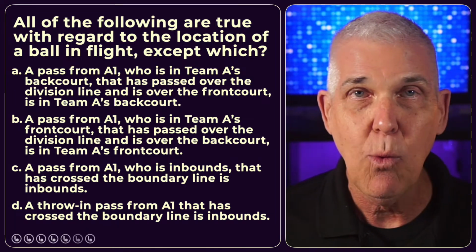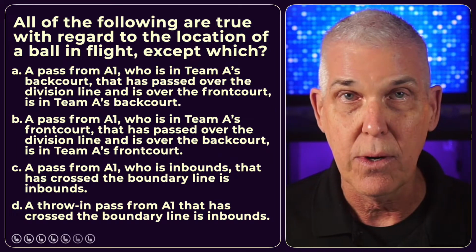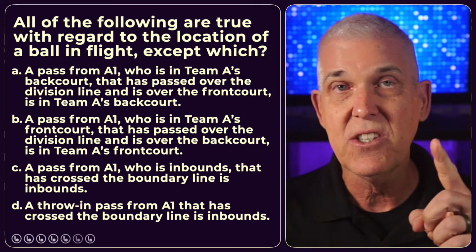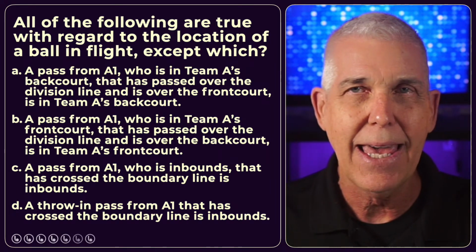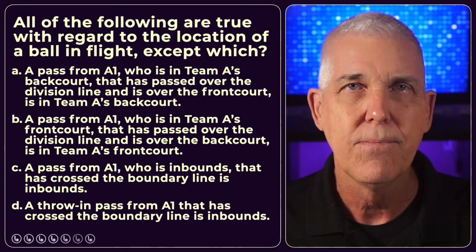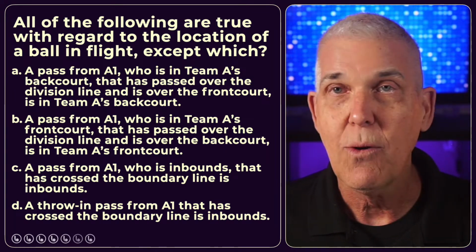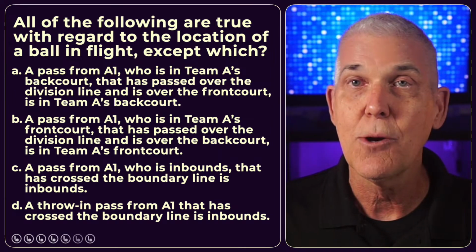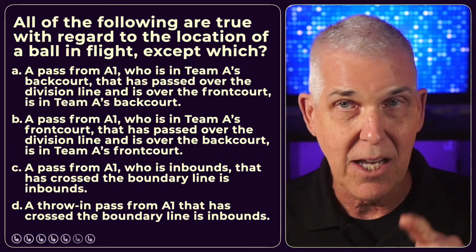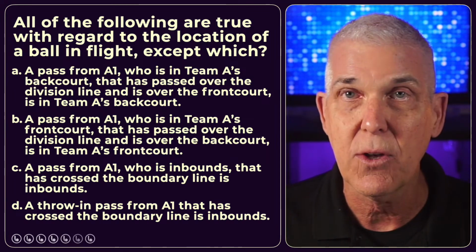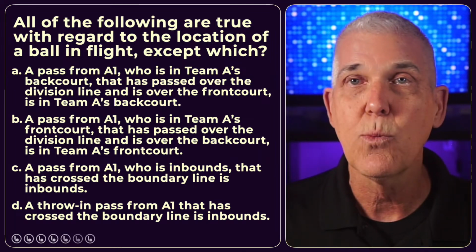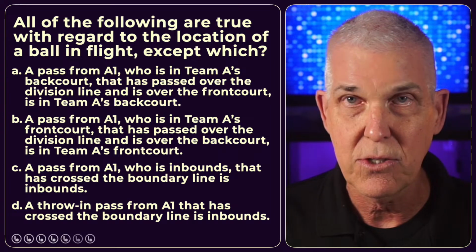A, a pass from A1 who is in Team A's backcourt and has passed the ball over the division line and is over the front court is in Team A's backcourt. Okay, so ball location is determined by where the ball last touched the court or where it last touched a player on the court. By rule, that is where the ball is considered to be.